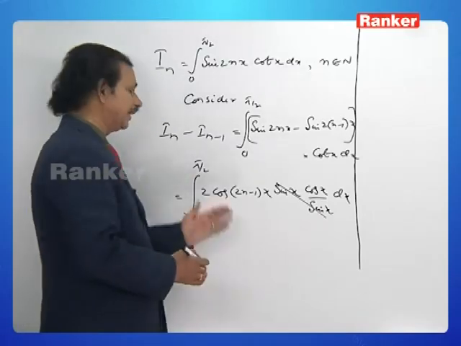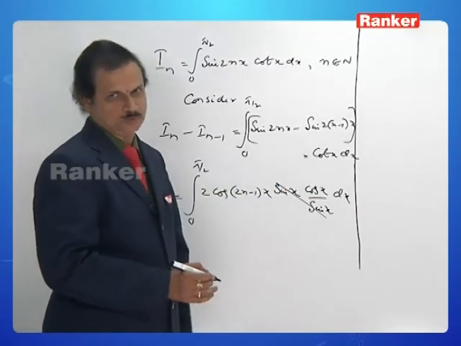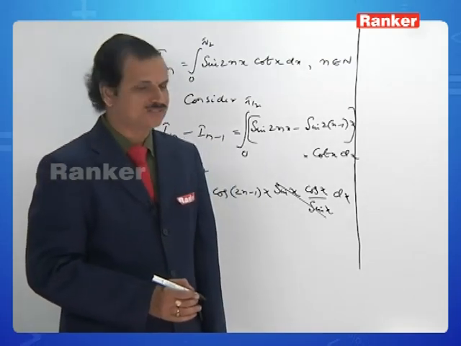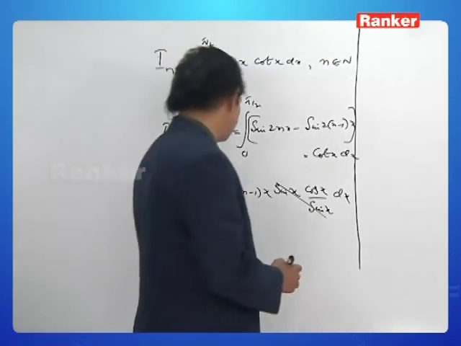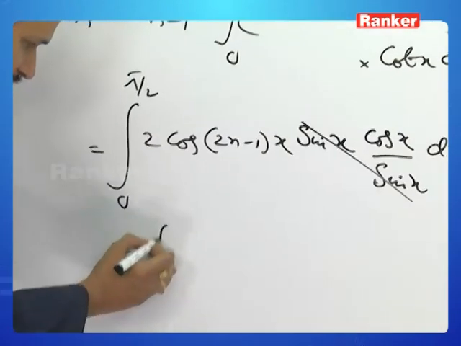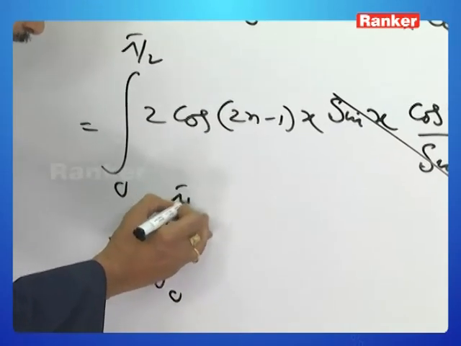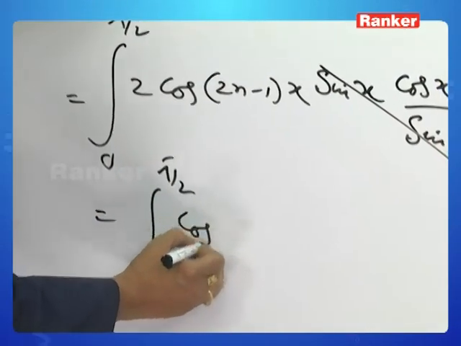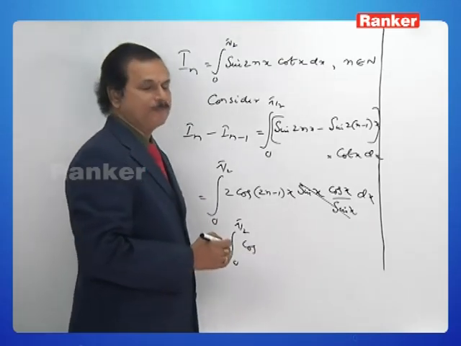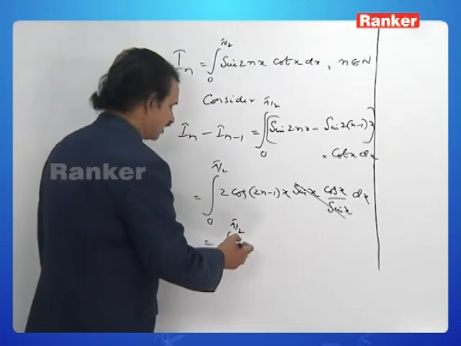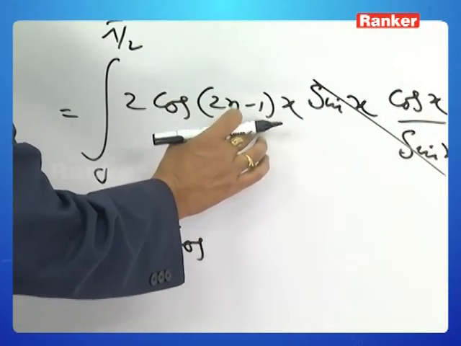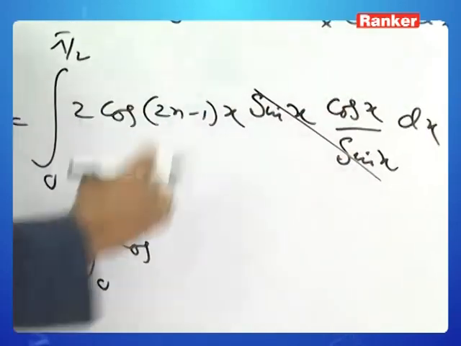Again, this looks like 2 cos a cos b. What is 2 cos a cos b? Cos of a plus b plus cos of a minus b. Therefore, this can be transformed again into cos of this plus this: 2n minus 1 x plus x.